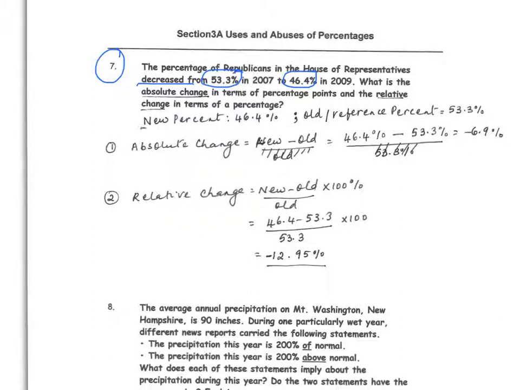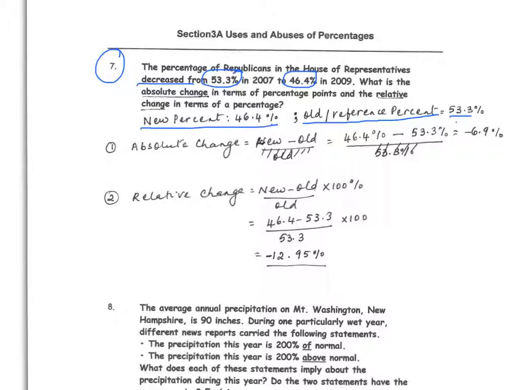So the new percent of Republicans in the House of Representatives is 46.4%, and the old or reference percent, that is the percent of Republicans in the House of Representatives in 2007, is 53.3%.